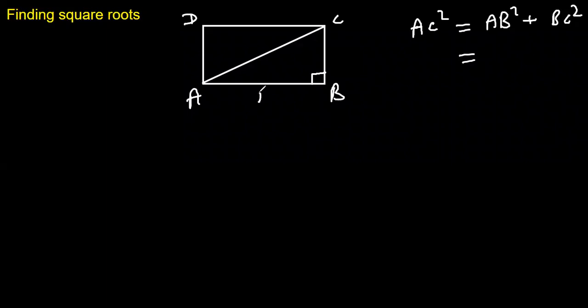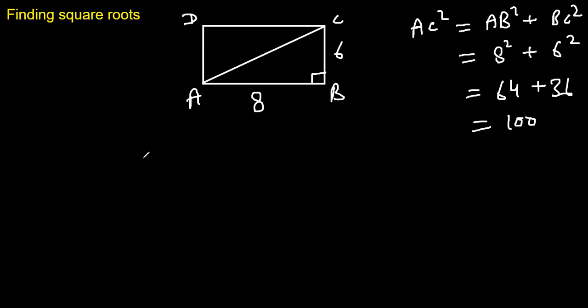Let's say this side is 8, this side is 6. So AB is 8 square plus BC is 6 square. Square of 8 is 64 plus 36, and 64 plus 36 is 100. So what do we get here? We get AC square is equal to 100.